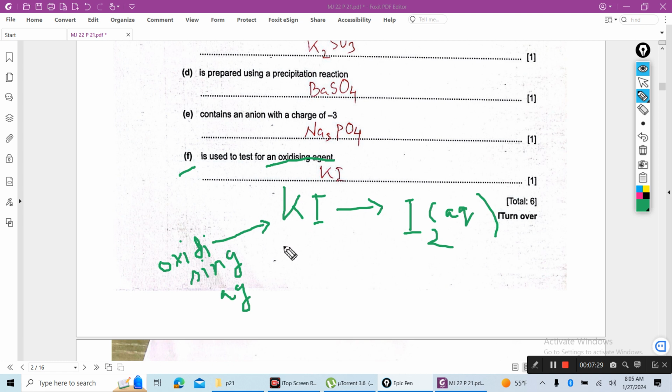Oxidizing agent oxidizes potassium iodide to iodine. Iodine solution is brown, and potassium iodide aqueous salt solution is colorless. So if you add an oxidizing agent to potassium iodide, the observation will be a colorless solution turning brown. By this test you can test for an oxidizing agent.